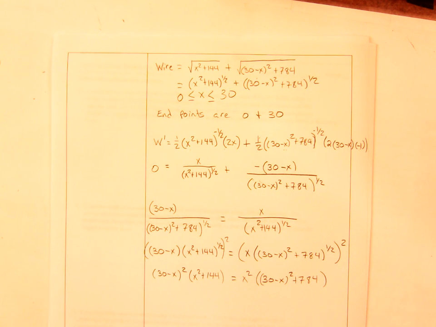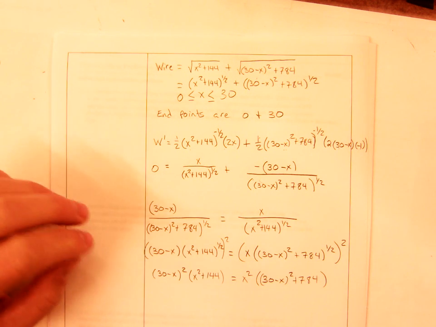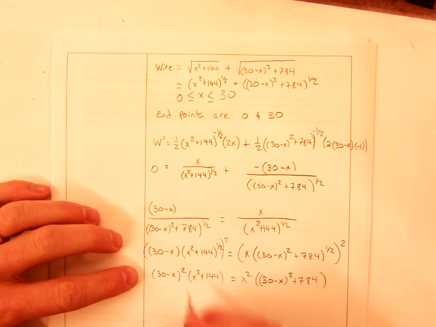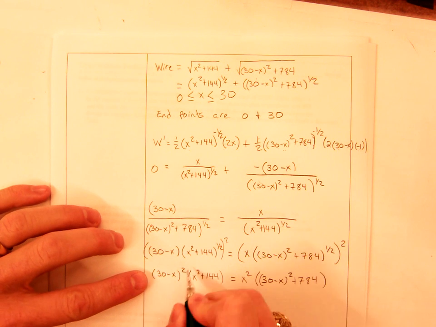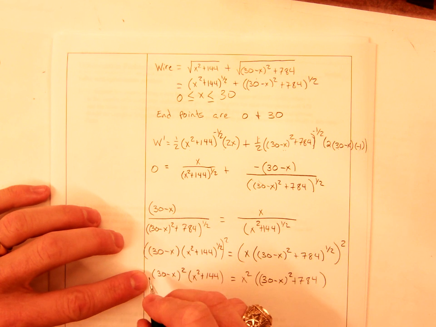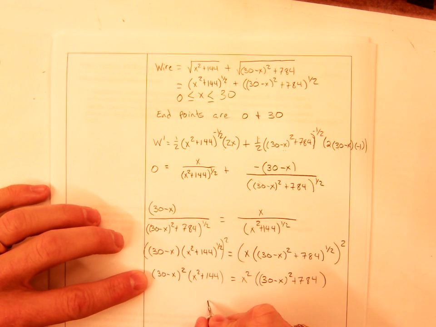All right, hopefully we'll work this out and everything will look good. What is the square of 30? 30 times 30 is what? Anybody know? 900.